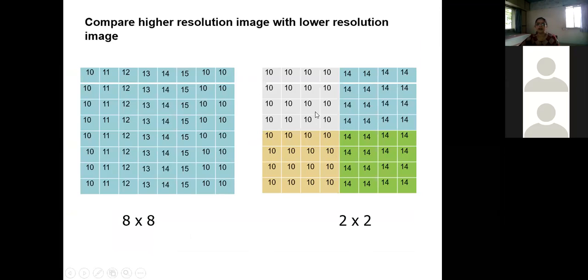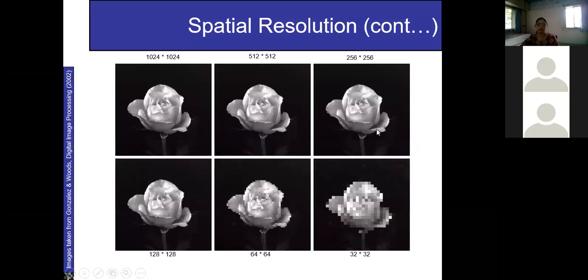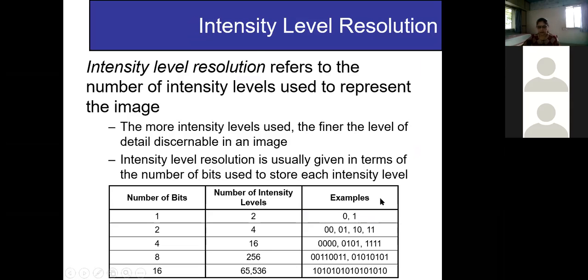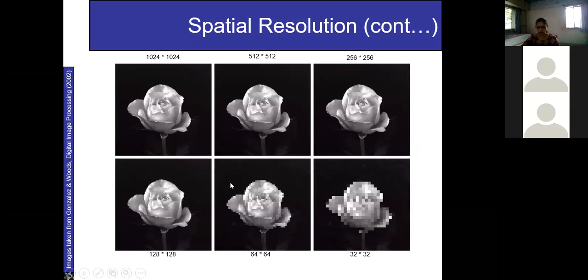So in terms of numbers you can easily understand how the details are lost because of low resolution. And here you can observe visually how the quality with higher resolution is better than the quality with lower resolution. Okay. So this is about spatial resolution.